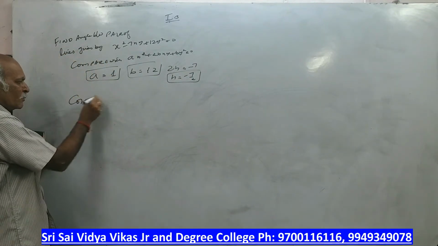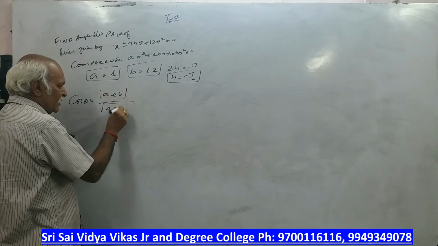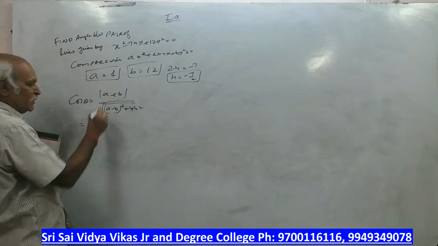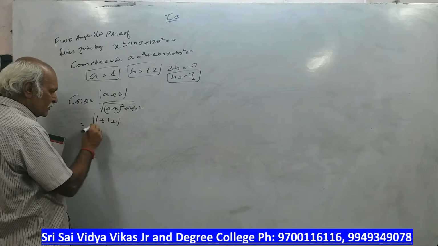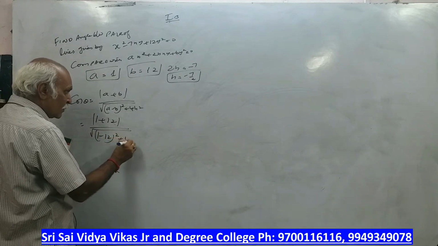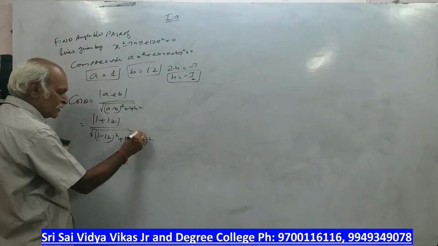What is the cos theta formula? Modulus of a plus b by root of (a minus b) whole square plus 4h square. A plus b means 1 plus 12, modulus, by root of (1 minus 12) whole square plus 4 into h, that is minus 7 by 2, whole square. Formula application is very, very important.